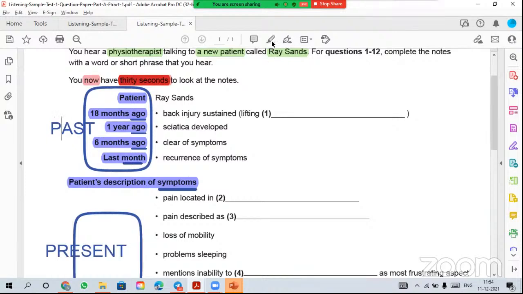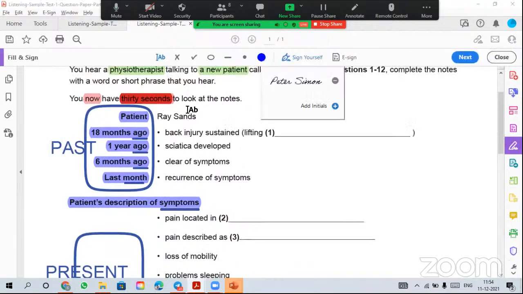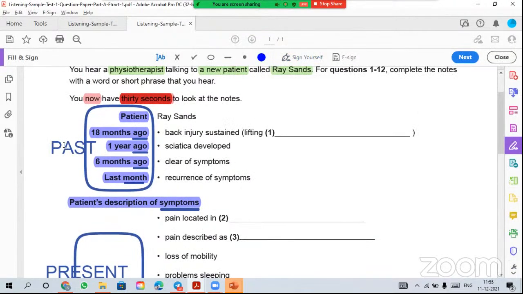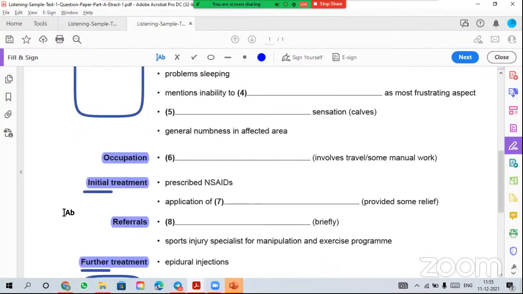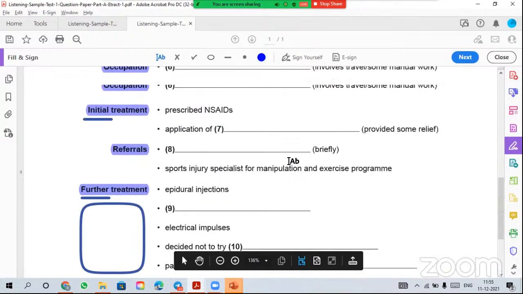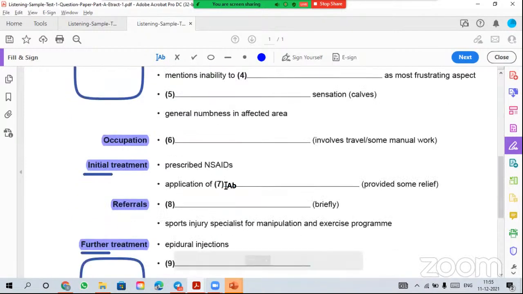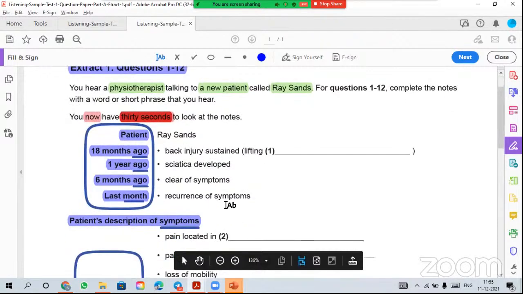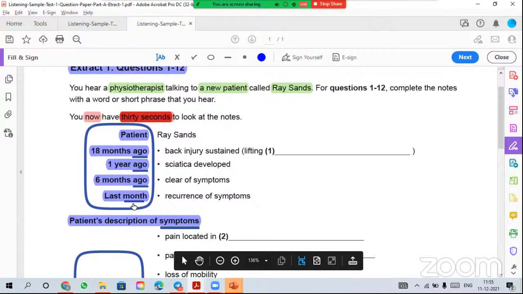Right. Now moving faster. Now let us go. So headings gone, subheadings gone. This is what you have to see every time: headings, subheadings. So this is past: ago, last.